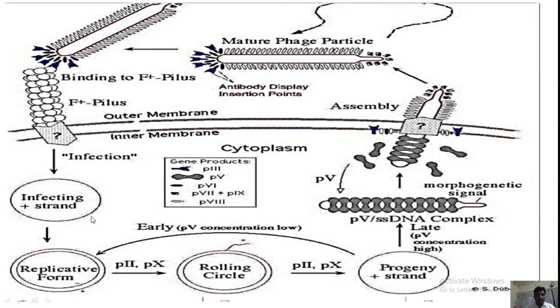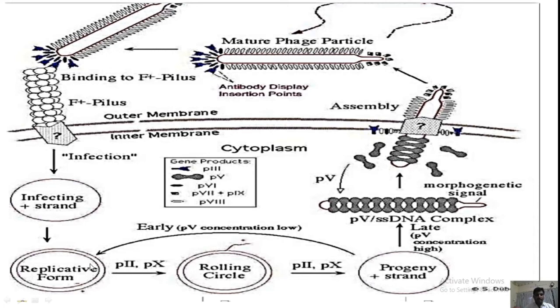Then once inside the cytoplasm of the bacteria, utilizing the host enzymes, that means the bacterial DNA polymerases and other proteins, this bacteriophage single-stranded DNA will be converted into double-stranded form. This double-stranded form of the bacteriophage genome is known as replicative form or RF form. So inside the cytoplasm, this single-stranded DNA will be copied and forms a double-stranded genome, that is a replicative form.